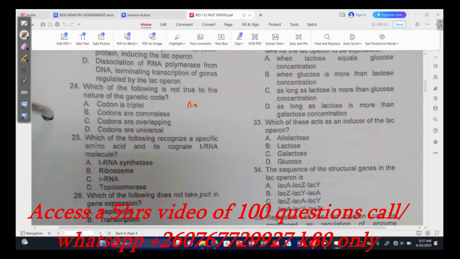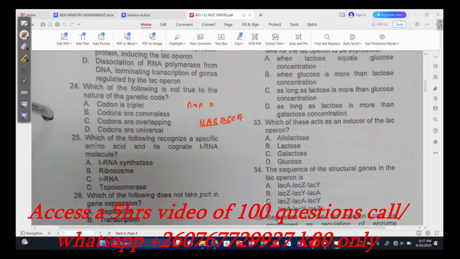The codons are non-overlapping. Overlapping, what it means is that if I give you this sequence, these bases are read sequentially, they come in the sequence here. They are read in groups of 3, like that.